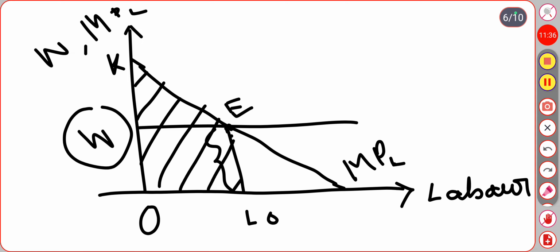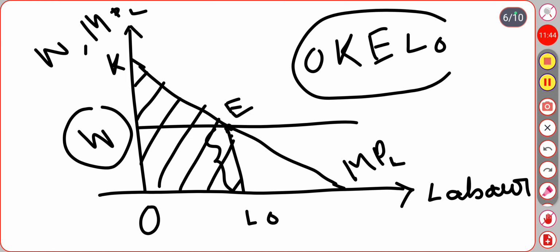That is O K E L0. That is total output. But the wage rate is only this portion. Wage rate is this portion.